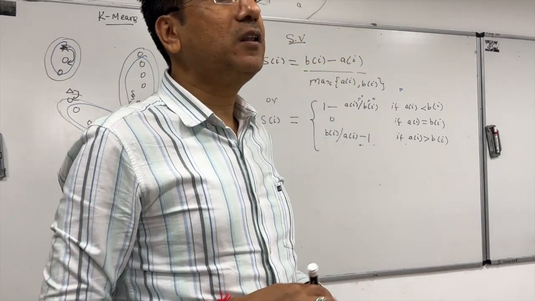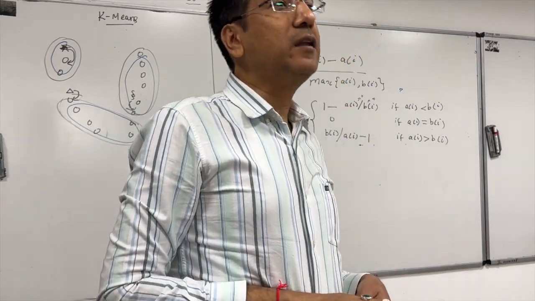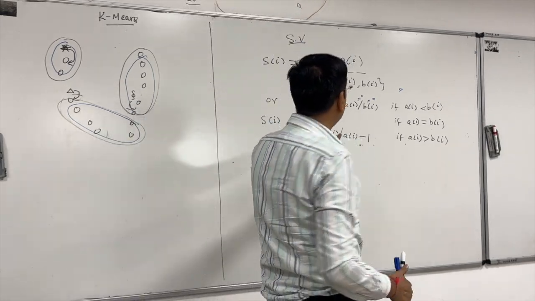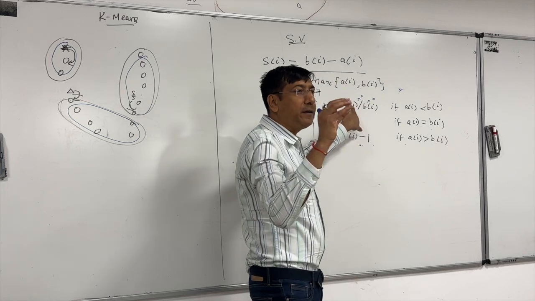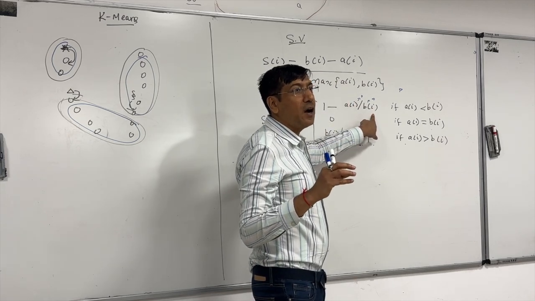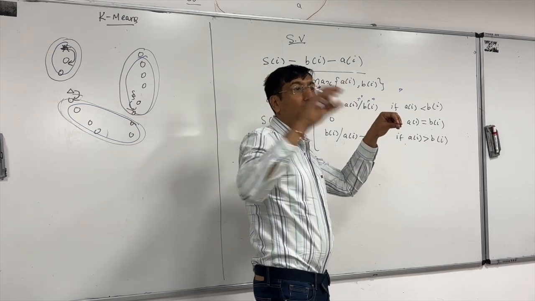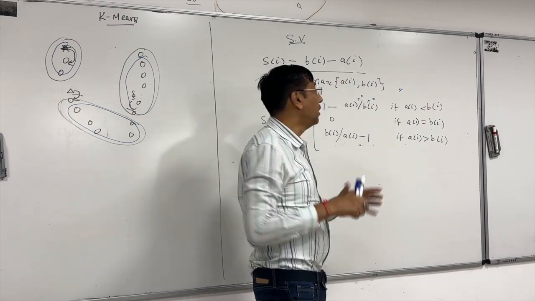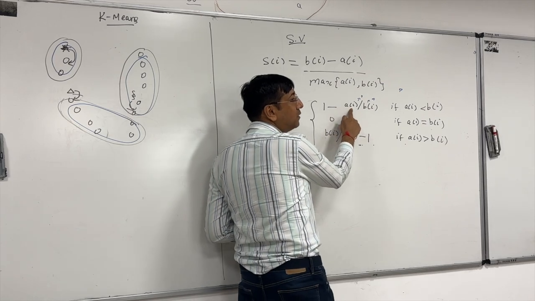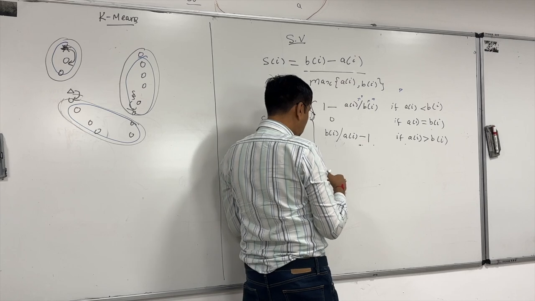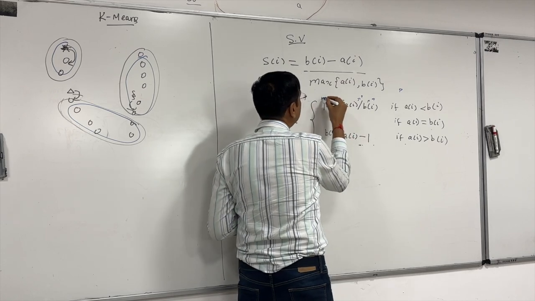But in general, when the numerator is small and the denominator is large, it will tend to 1. Numerator will be small when it is compact, and denominator will be large when this point is away from the next closest cluster, all the points in the next closest set. So this is minimizing the within cluster scatter and maximizing the between cluster scatter. That is why getting a value of 1 is good.